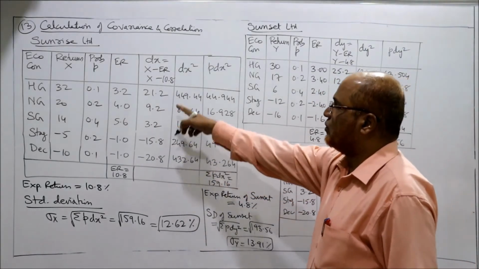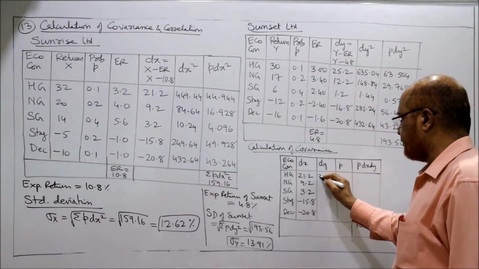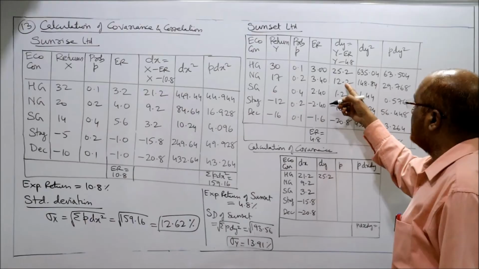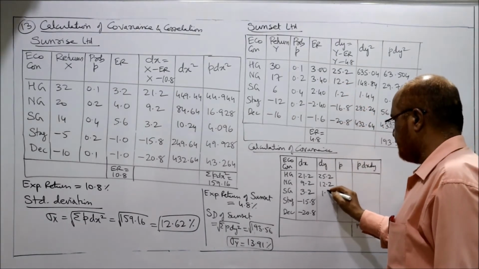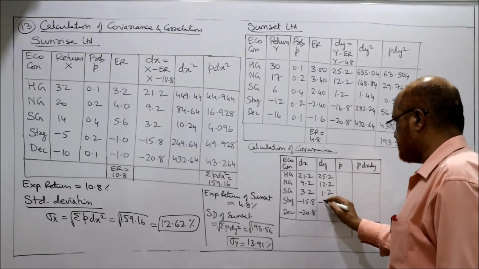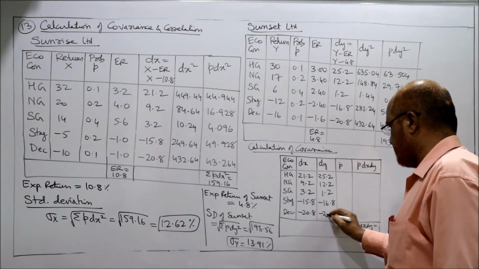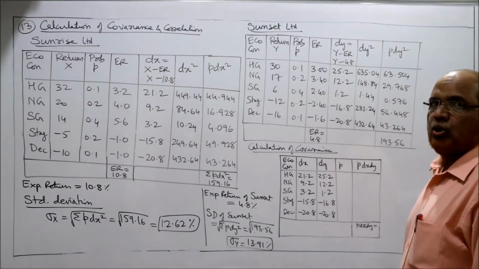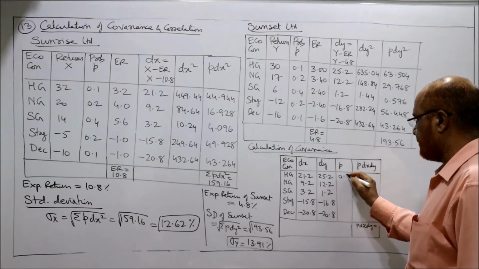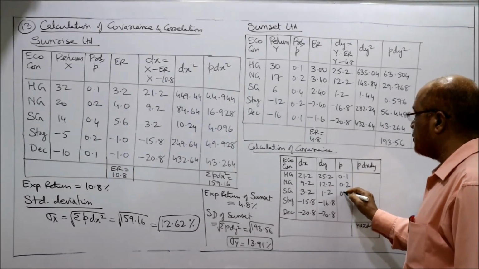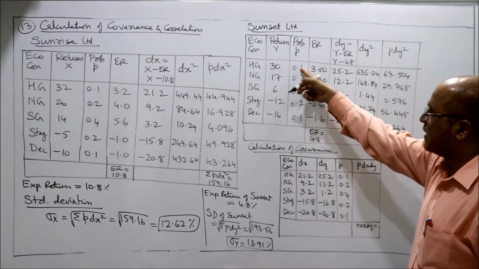Now we have the dy values 25.2, then 12.2, 1.2, minus 16.8, minus 20.8. So we got the dx value, dy value, and probability. Probabilities are 0.1, 0.2, 0.4, 0.2.